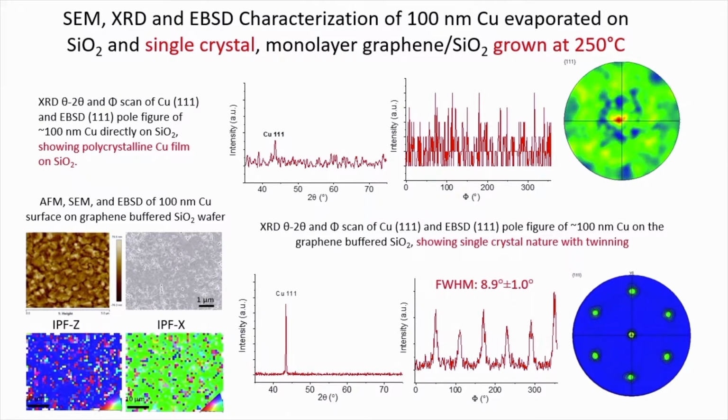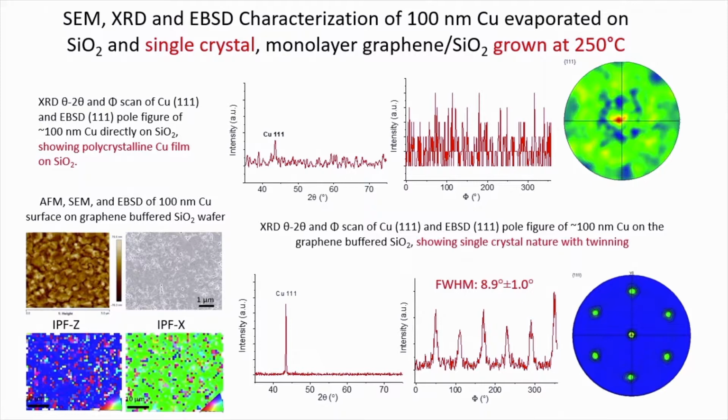You can see the copper 111 pole figure is basically a purely polycrystalline structure, meaning that copper grown on the silicon substrate without graphene has poor quality. The bottom one is the result of copper grown on the single crystal monolayer graphene.